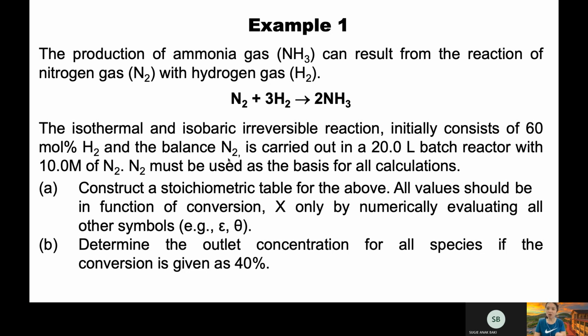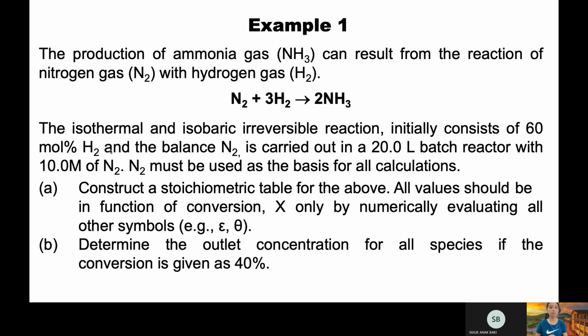Hence YA0, my nitrogen gas is my A, is 0.4. Be very careful, sometimes they give you 20% and you get confused about which is A and which is B. Just look at the chemical equation: the first compound is A. So N2 is A, H2 is B. The 60 mole % is YB0 equals 0.6, YA0 equals 0.4.